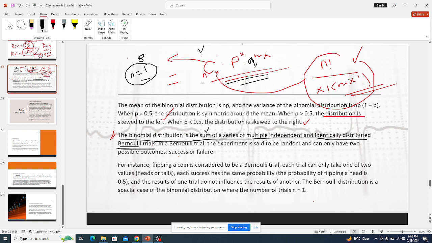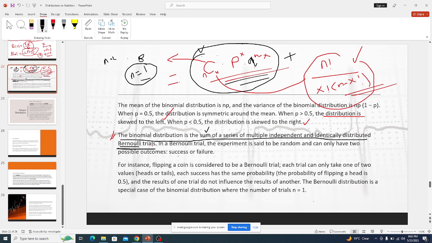Like for example, if we have n equal to 2, it's like we are having the formula when n is 1, plus the same formula when n is also 1, making it 2.